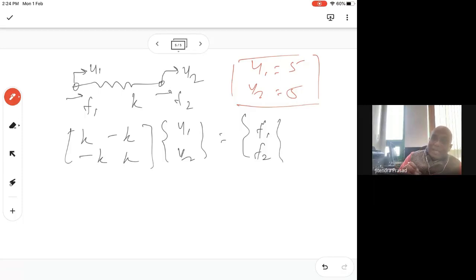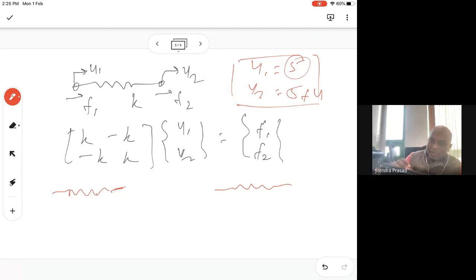It is as good as saying that you have a spring here, and then you have moved from here to here. It's possible that if u1 is 5, u2 will be 5 plus some value, so it's not exactly 5.